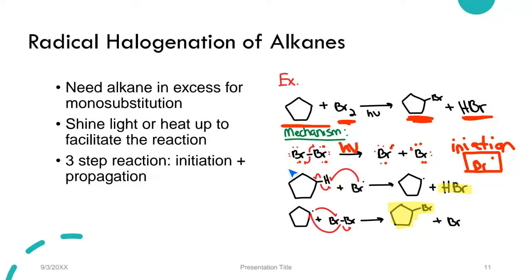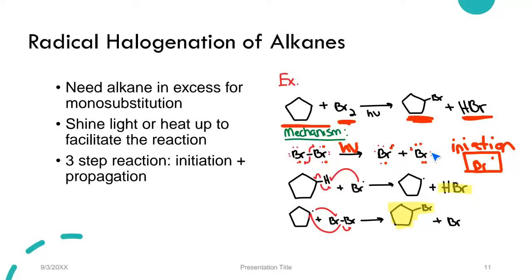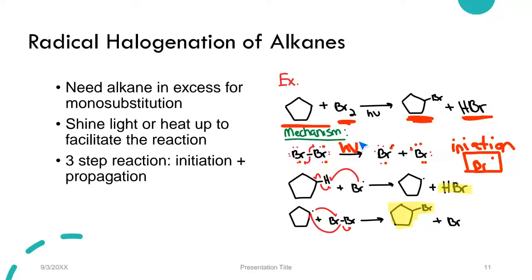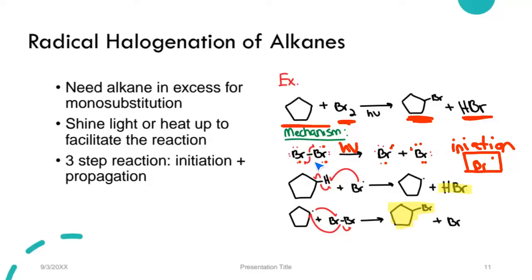And keep in mind this initiation step here. Anyway, when you shine light to break this bond apart, it's not going to break apart every molecule of halogen that you have. This will only happen to a very small extent.